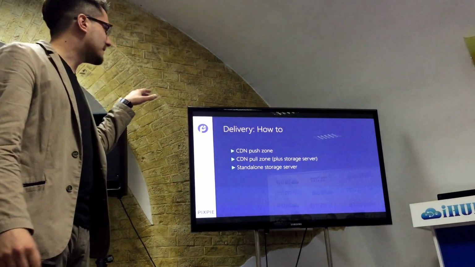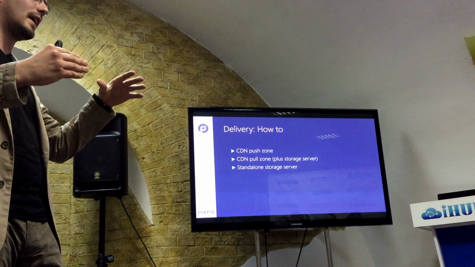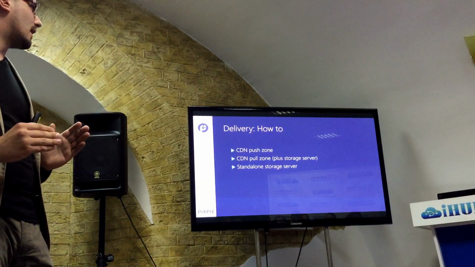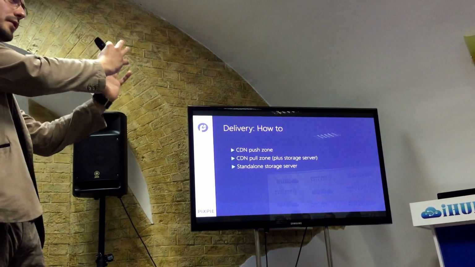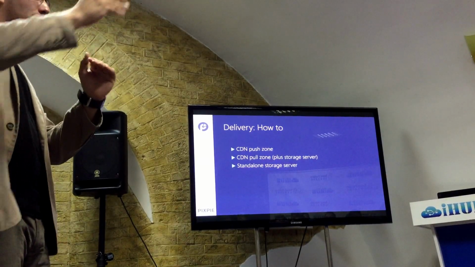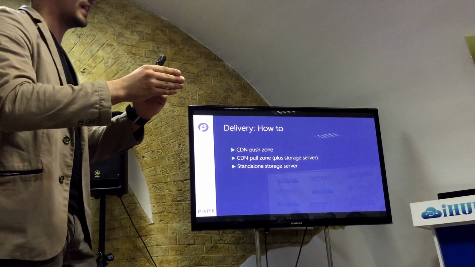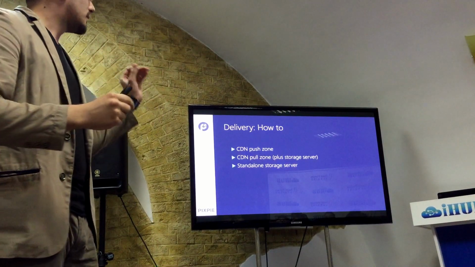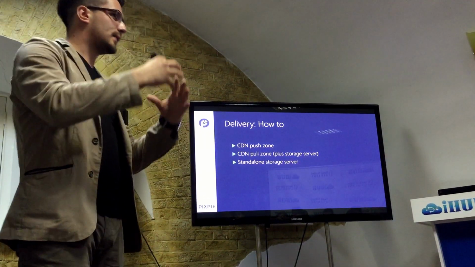If I were you, I would think in the same way, but in fact the pull zone is just a cache that you can put between your end users and your website with huge static files, and it will cache all requests between them. So the push zone is like a storage.